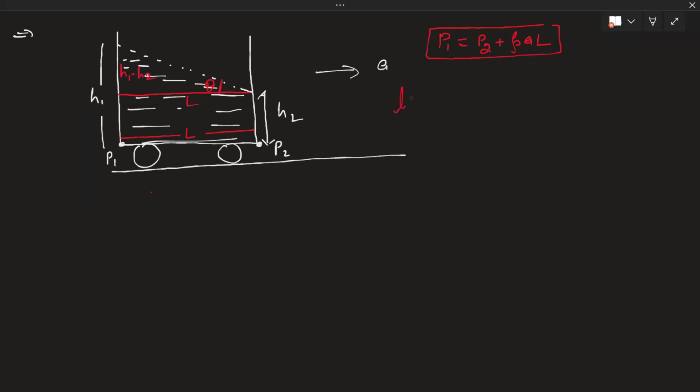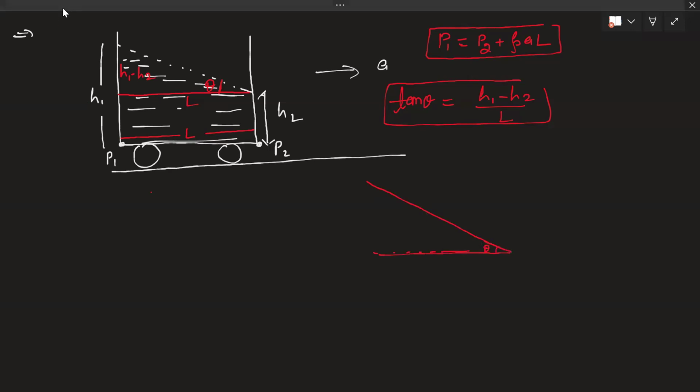So I can use the angle of inclination: tan theta equals opposite, that is h1 minus h2, by L. So I can use this equation also. If I consider this incline separately, let's suppose I am drawing just the inclination part here.